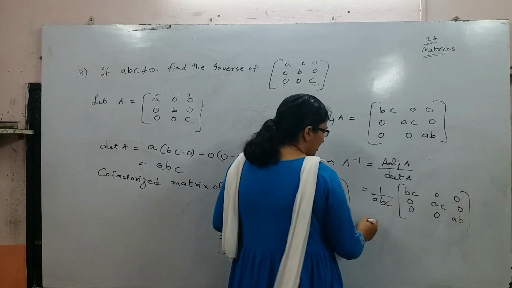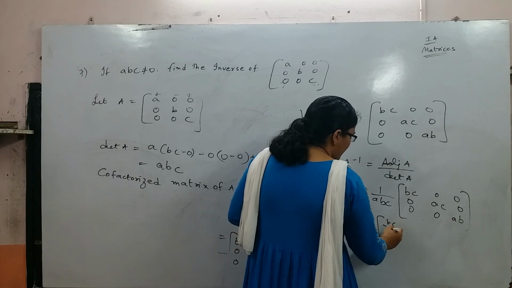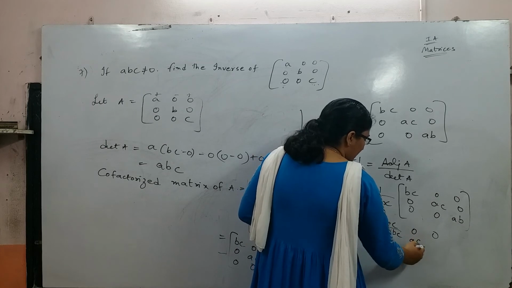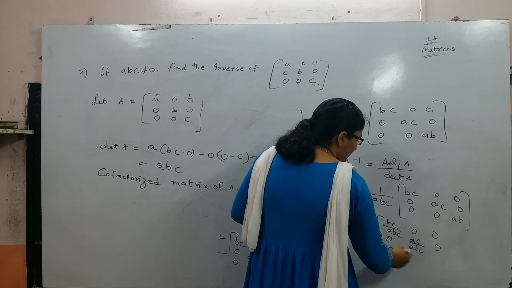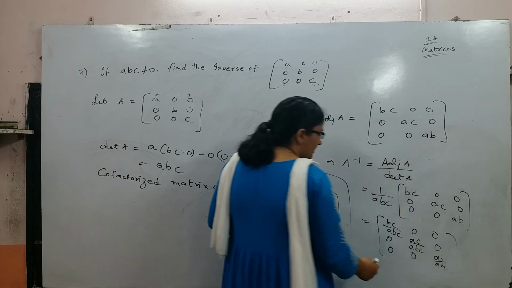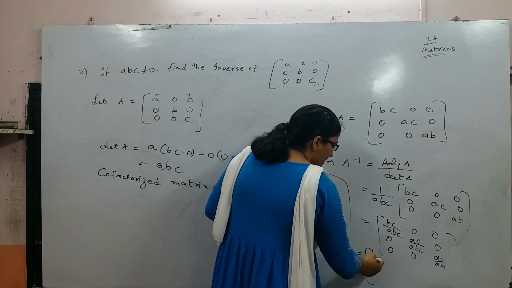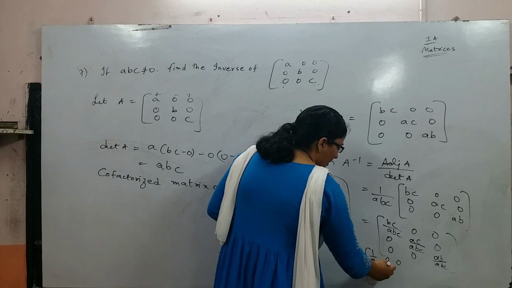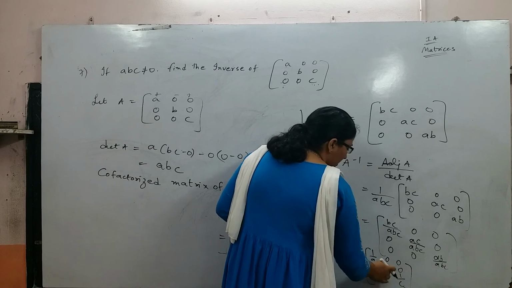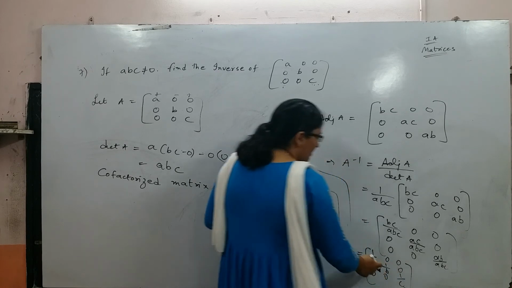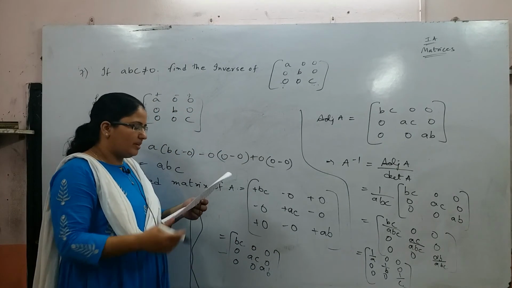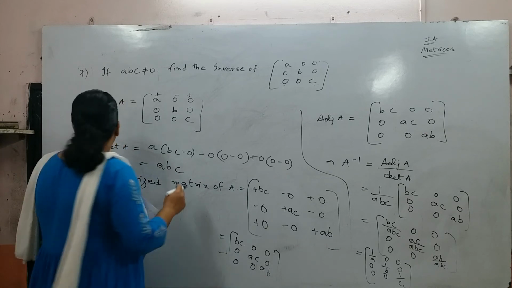Take this inside, you get BC by ABC 0 0, 0 AC by ABC 0, 0 0 AB by ABC, which is 1 by A 0 0, 0 1 by B 0, 0 0 1 by C. This is what is the inverse of the matrix. So A inverse is equal to 1 by A 0 0, 0 1 by B 0, 0 0 1 by C. We will discuss the next problem.